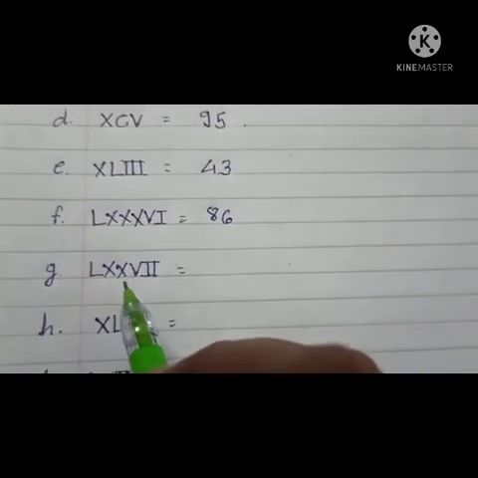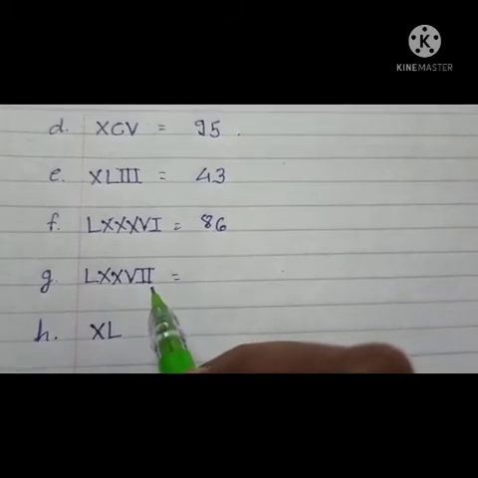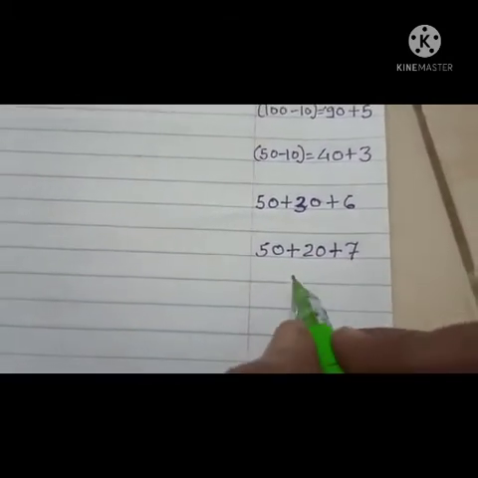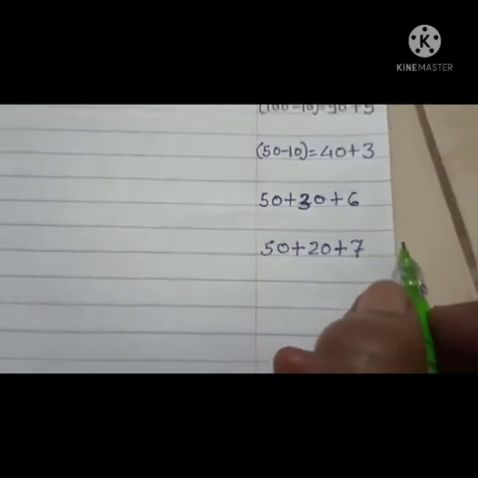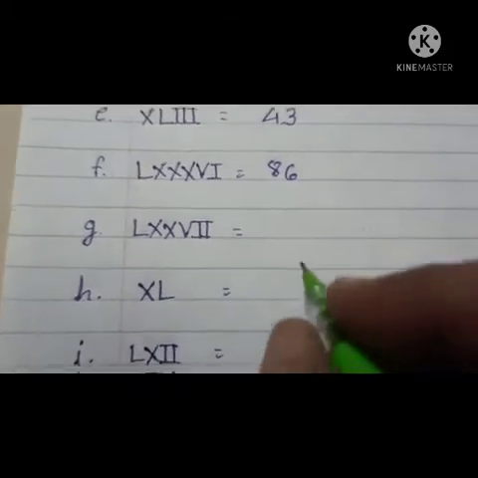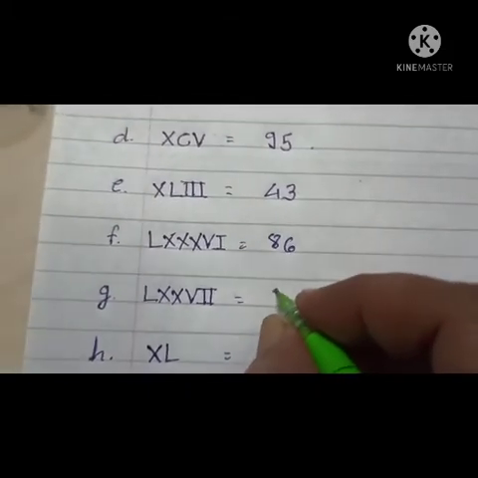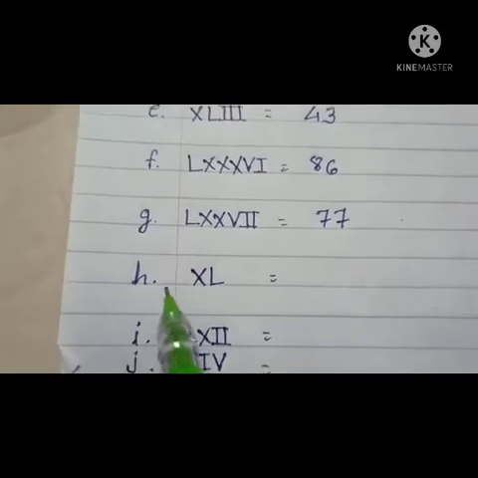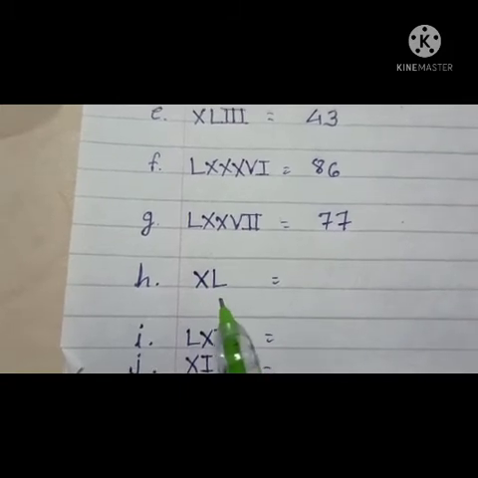Plus V has a value of 5. 5 plus 2, that means 7. 50 plus 20, 70. 70 plus 7, 77. Your answer is 77.